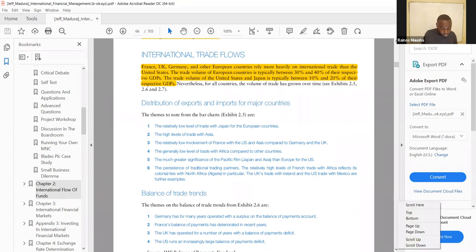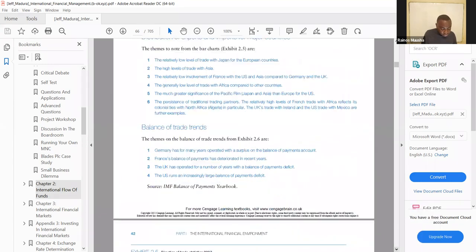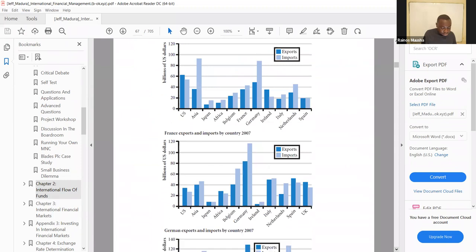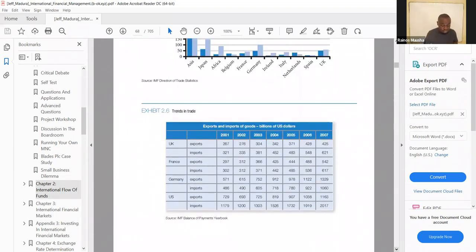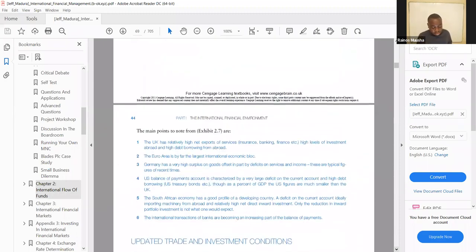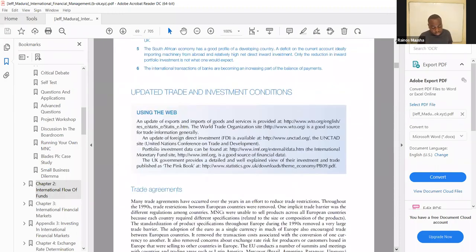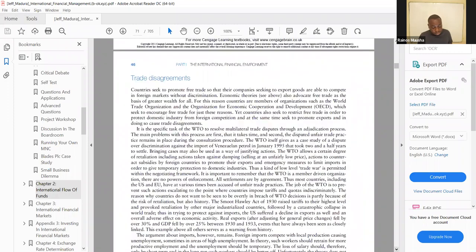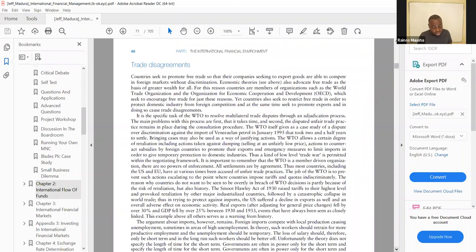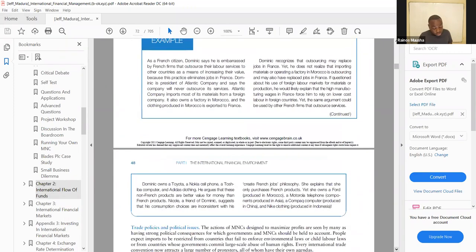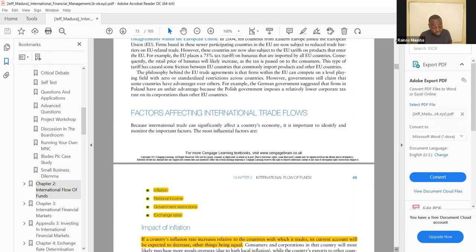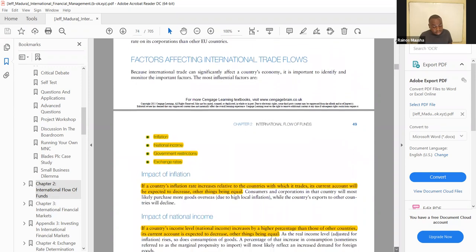So the breakdown of how the trends are historically between the different countries, don't worry much about those figures. I would not expect the lecturer to ask you all this information in detail, because remember, your exam questions are going to be based more on a South African perspective and not on a European or international countries perspective.